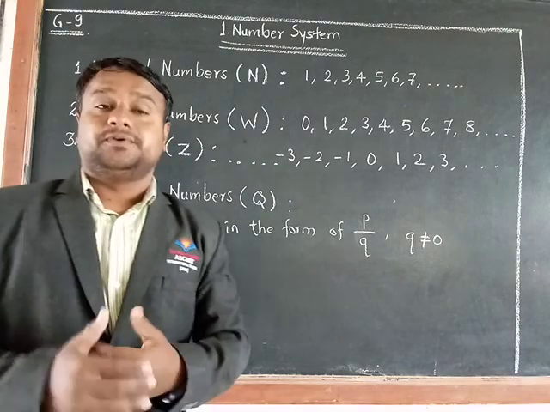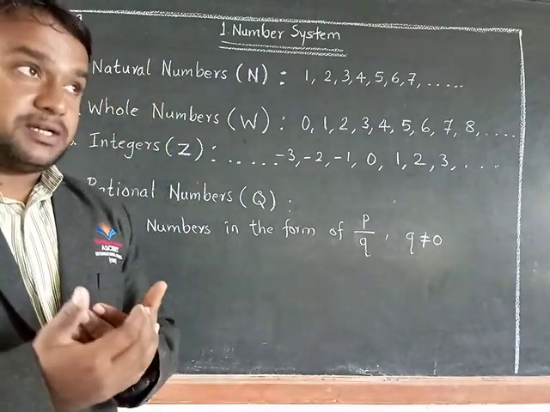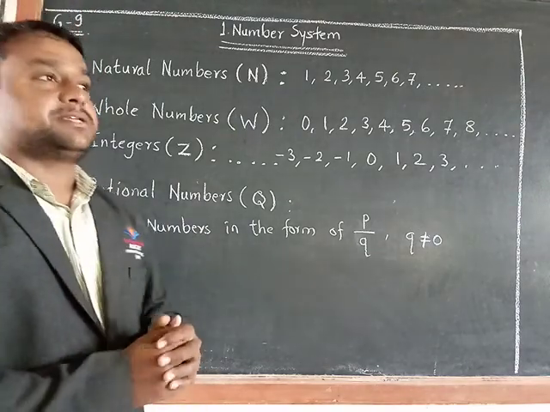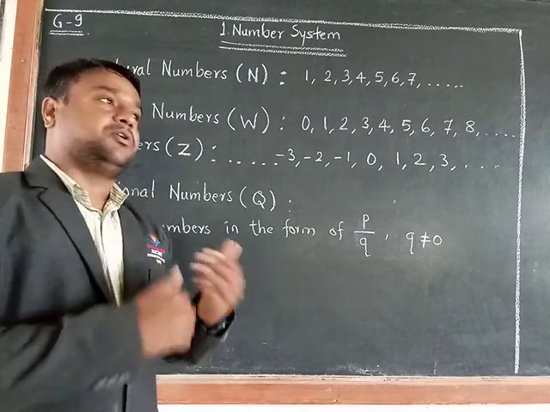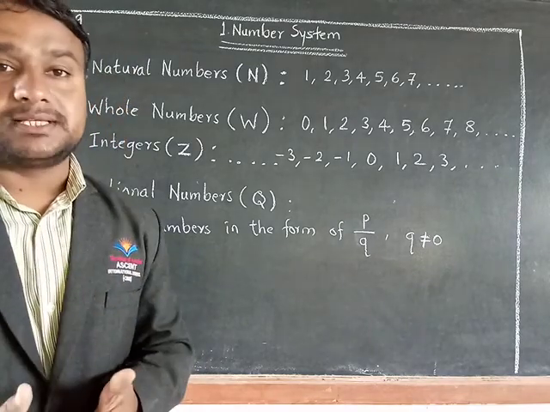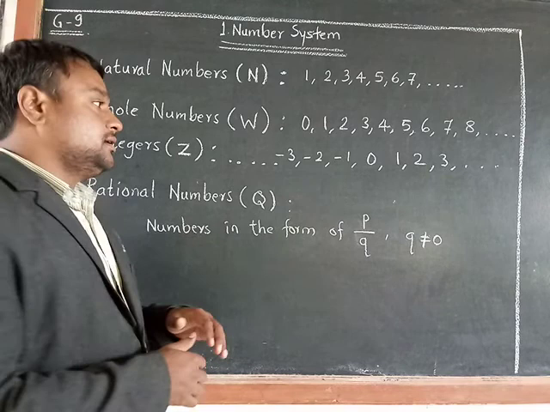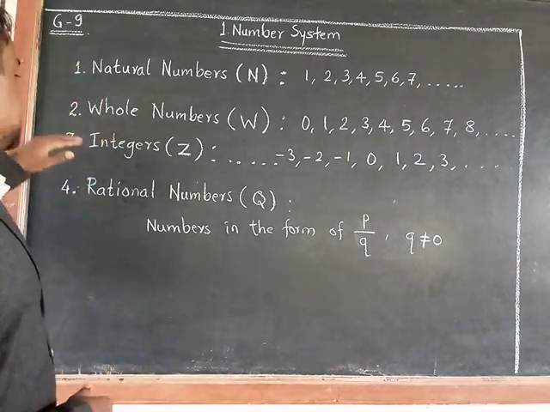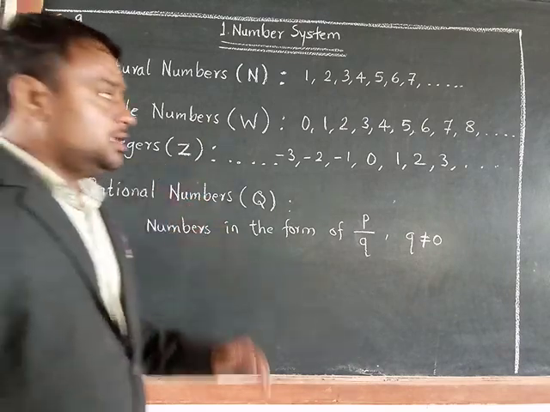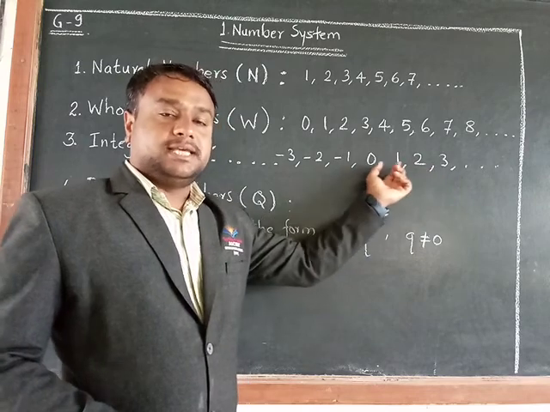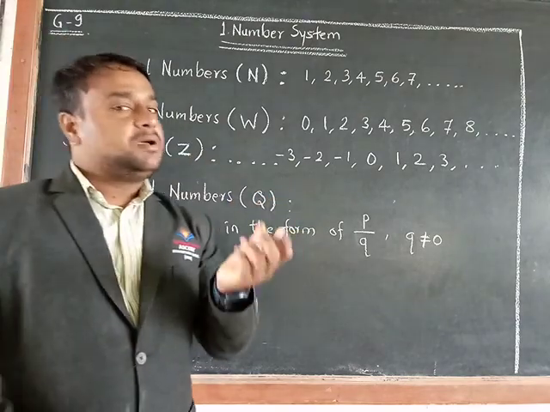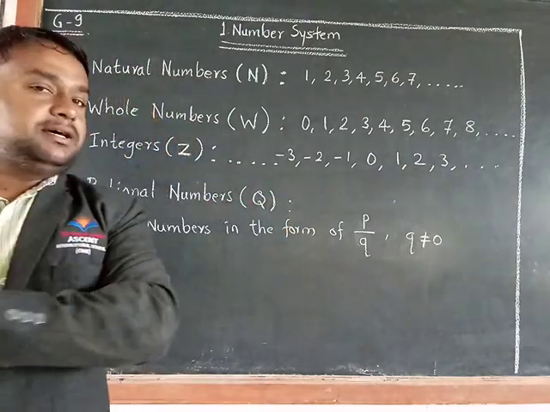Now, if you want to count some negative things, like minus degree temperature, or if you want to subtract, or whenever a negative number comes, then we get another set of numbers. Those numbers are called integers. Integers include all positive numbers, 0 and all negative numbers.